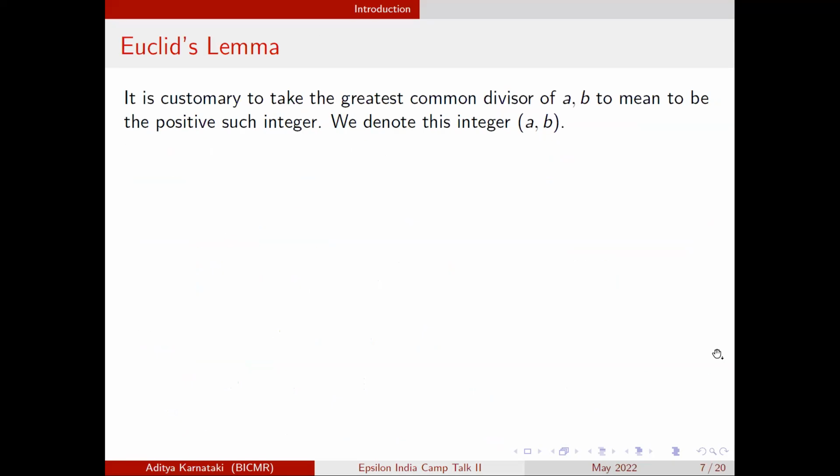And so, as I said, it is customary to take the greatest common divisor of a and b to mean the positive such integer. And we denote this integer as (a, b). The notation (a, b) that you have seen probably many times actually comes from the notation for I of (a, b). You have this I of (a, b) with 2 brackets.